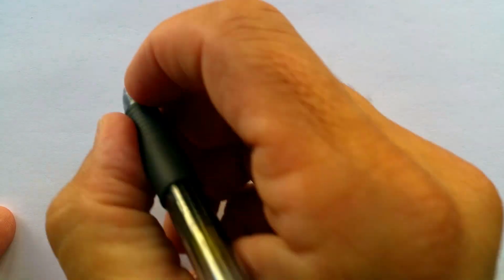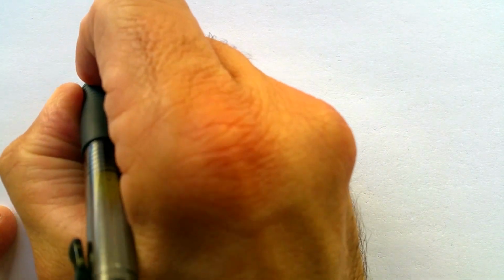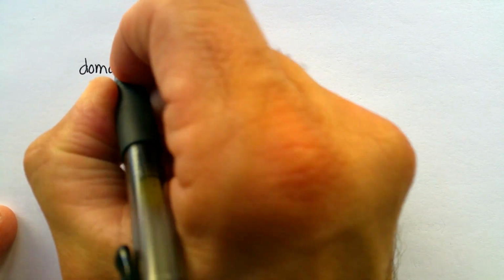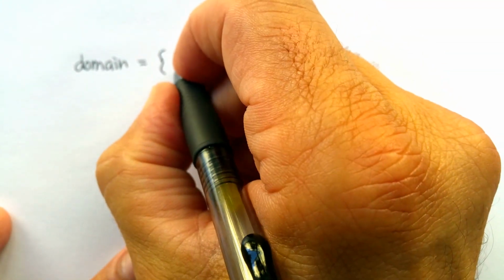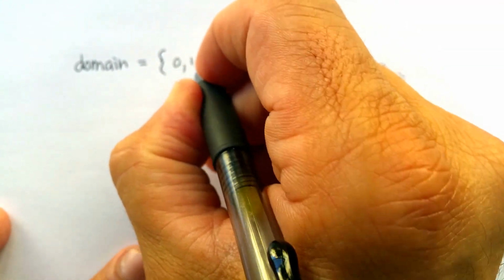So let's try this. Let's say I have my domain, and my domain is going to be a smaller domain this time. So instead of all real numbers, I'm going to say my domain, and I usually put it in some kind of a brace, is 0, 1, and 2.